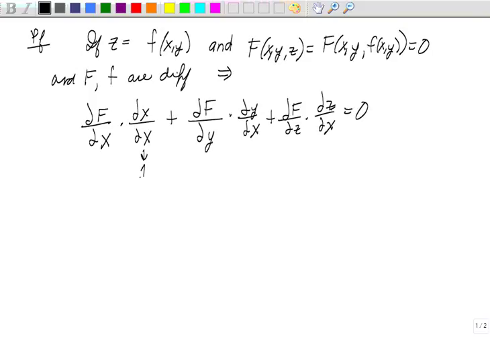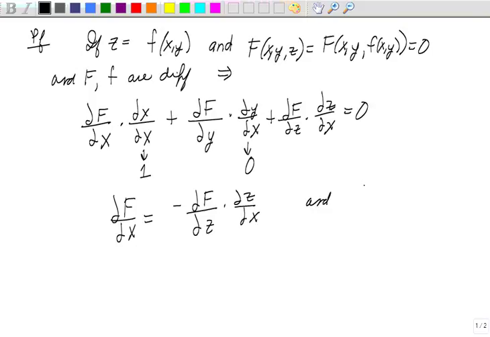Now that's just 1, and y with respect to x is 0. y doesn't depend on x. So now we have the partial of f with respect to x is equal to negative f with respect to z times dz/dx.